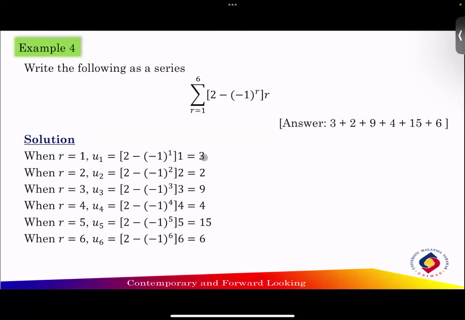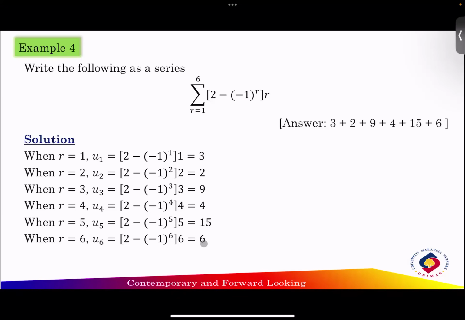So you get the answer 3. Continue when r is equal to 2, and you continue to find the answer. The answer is 2. When r is equal to 3, you substitute it, it becomes 9. r equal to 4, r equal to 5, r equal to 6. You do this step by step. Just write out all your working steps.